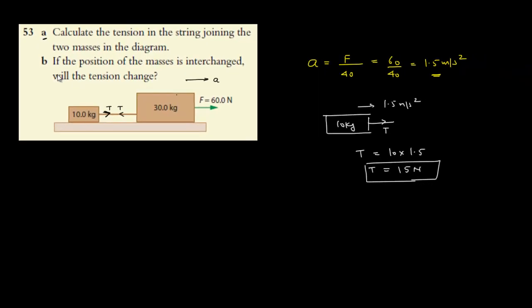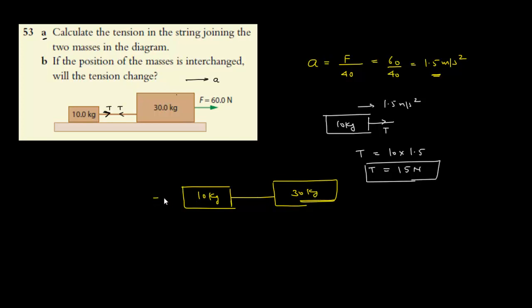Now in part B, he is saying that if the position of the masses is interchanged, will the tension change? Let's see what happens. So this is the 10 kilogram block. This is the string with which these two blocks are joined. That is the 30 kilogram block.